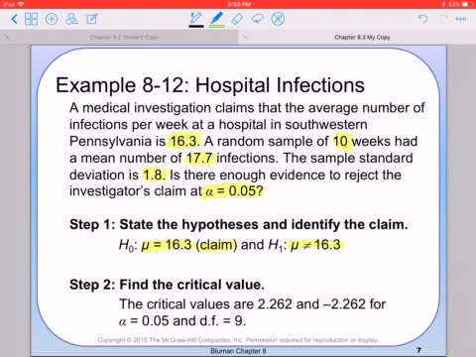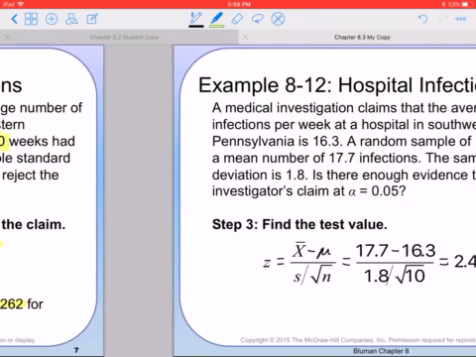So we go ahead and find our critical values, because we got alpha equals 0.05, our degrees of freedom is 9, and we have a two-tail. If you look at our table, you're going to see that you get 2.262 and negative of that. Remember, it's a two-tail, so it's positive or negative. Those are our two values.